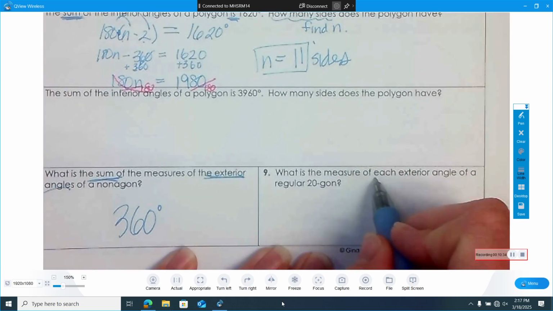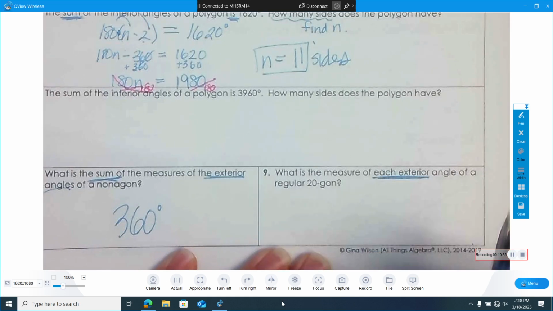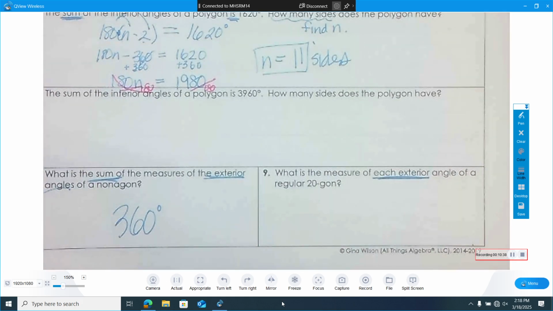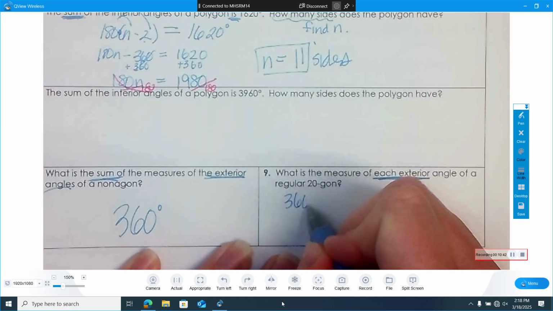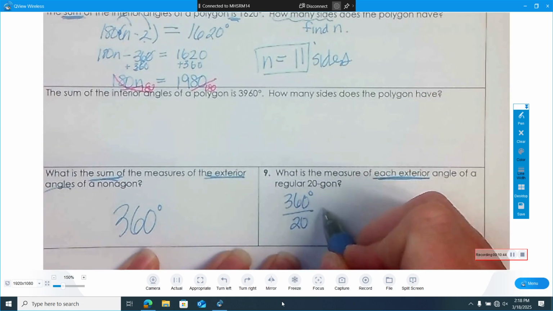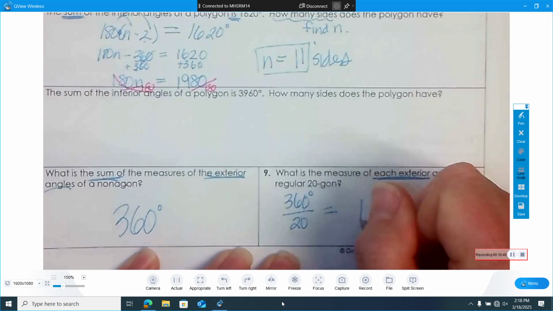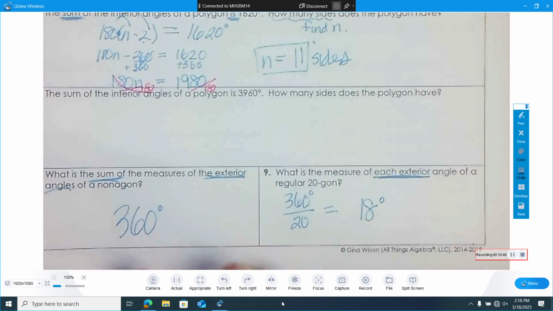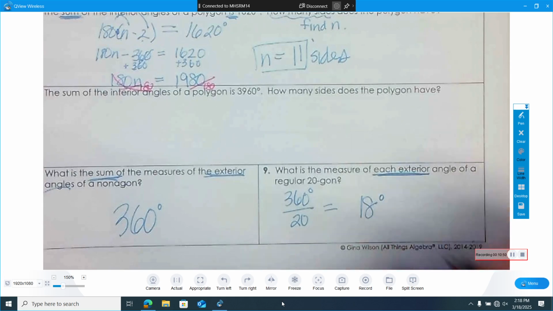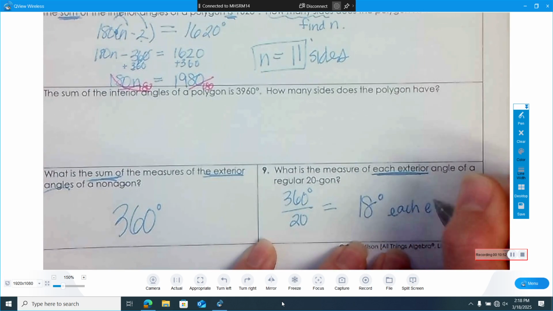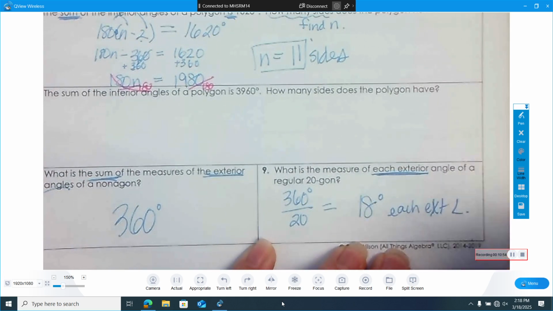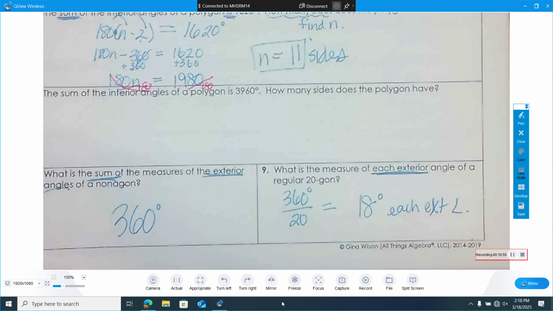What is the measure of each exterior angle? This is different. Each exterior angle. What do we need to do? 360 degrees divided by 20 sides gives us 18 degrees for each exterior angle.